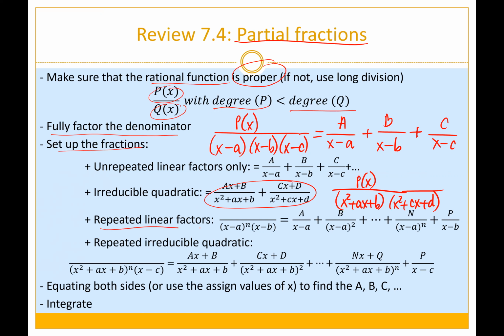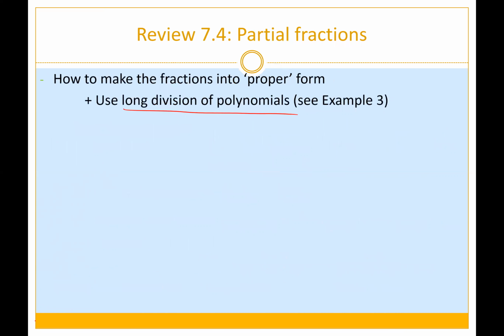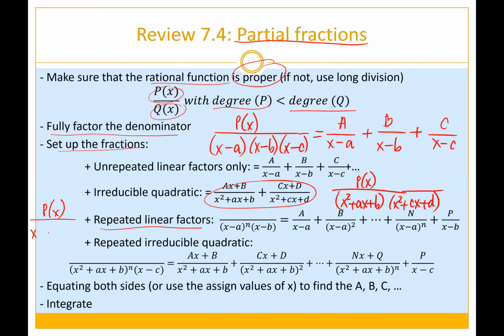If you have repeated linear factors, so say you have p(x) divided by x minus a to the n times x minus b, then you put it into this form. And for repeated irreducible quadratics, when you have a quadratic to the n that you cannot reduce into a square, and then you multiply by x minus 2, then this is the form you're gonna put it in.